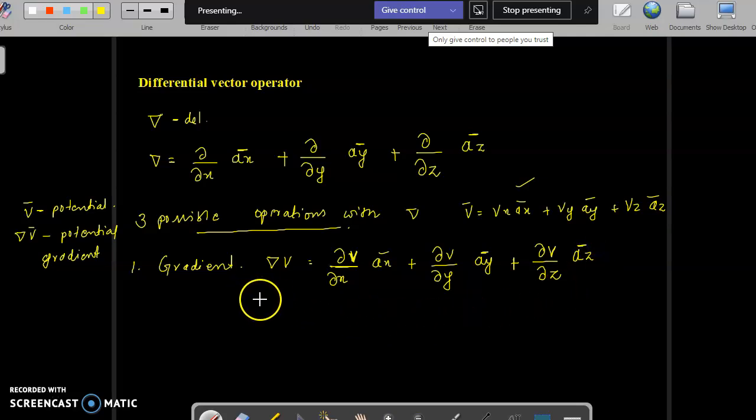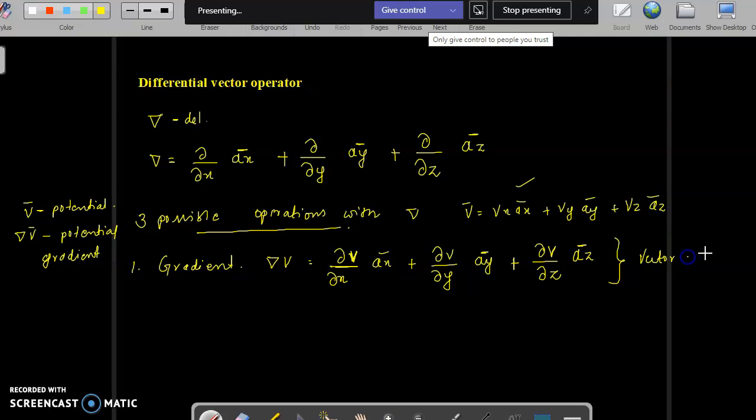So this is the gradient of V. If you look at the gradient, you can see that Ax, Ay and Az terms are there. So the gradient of V is a vector quantity.